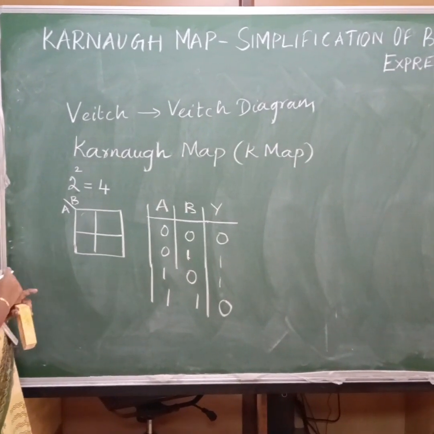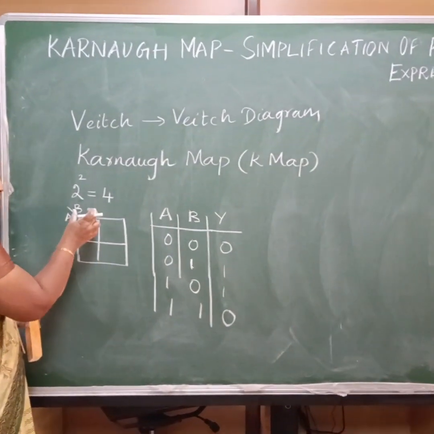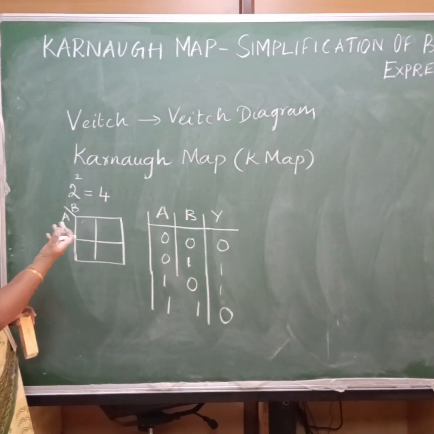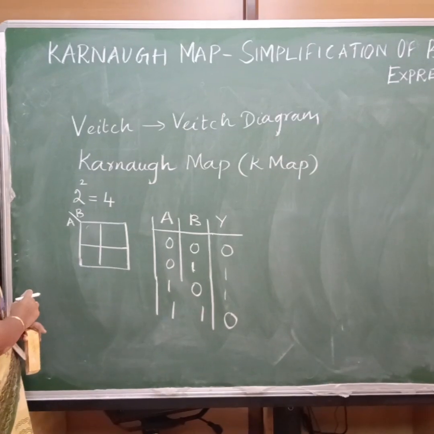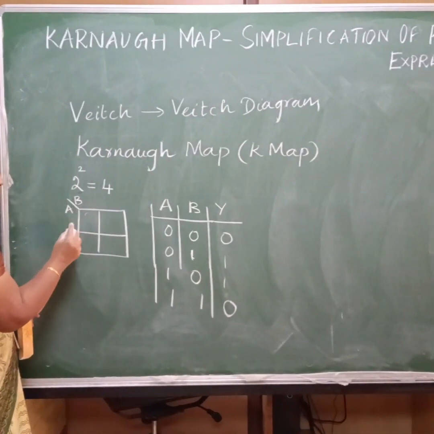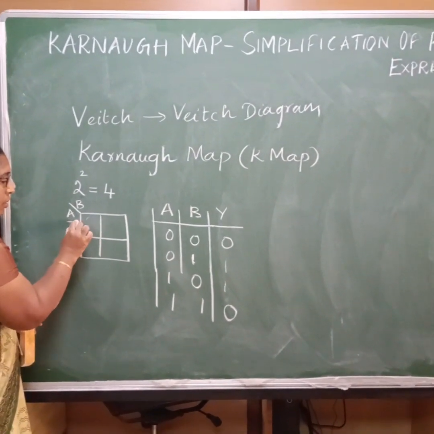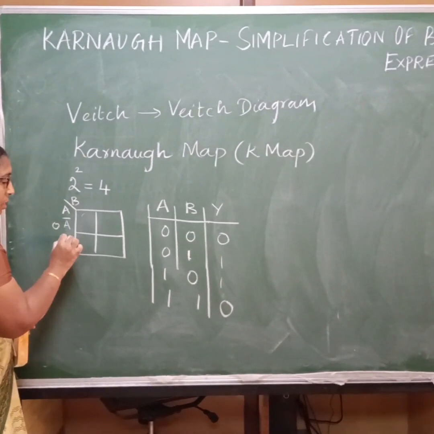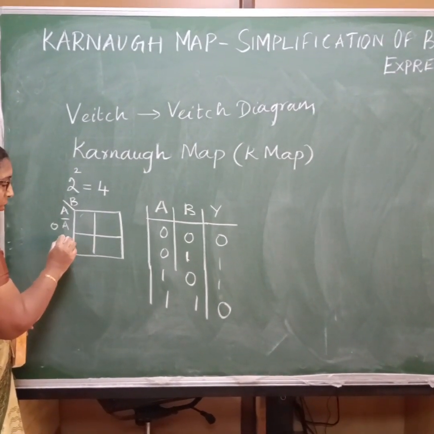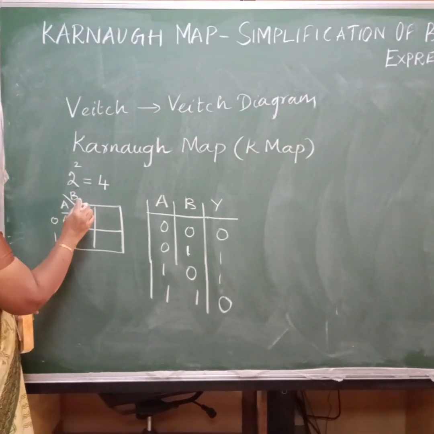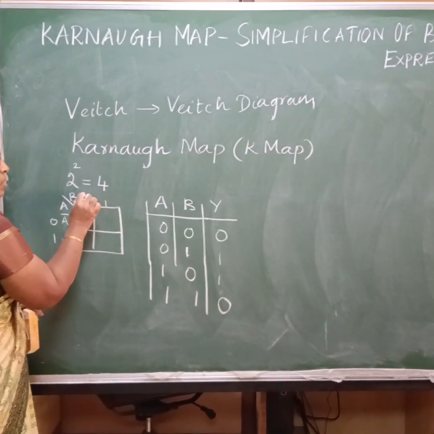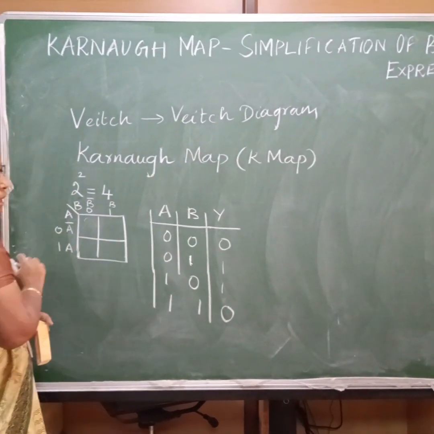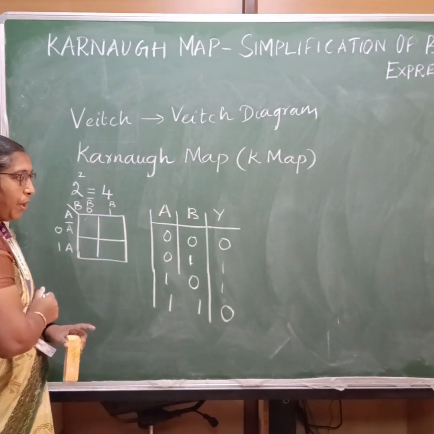Each row and column will have a variable or its complement. In a two variable system, the rows are labelled A bar (0) and A (1), and the columns are labelled B bar (0) and B (1). This is the K map representation of the logical function.